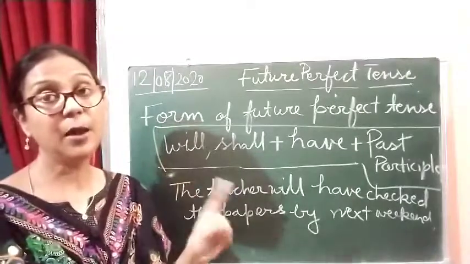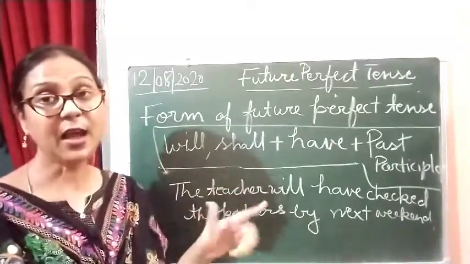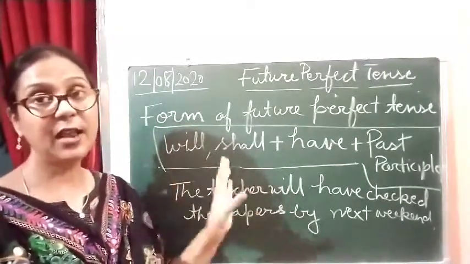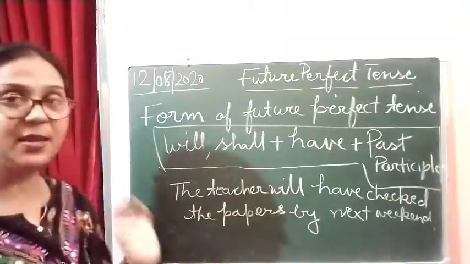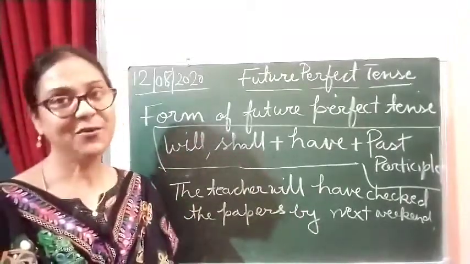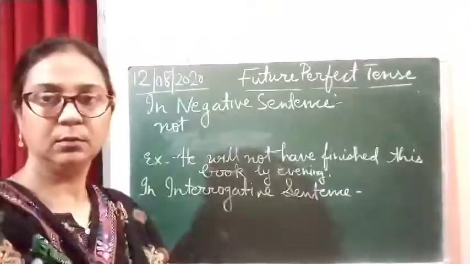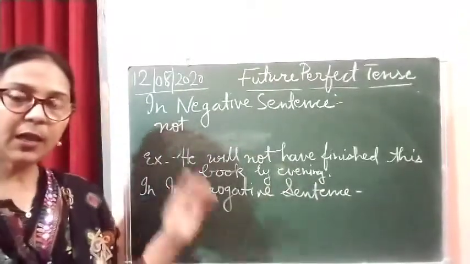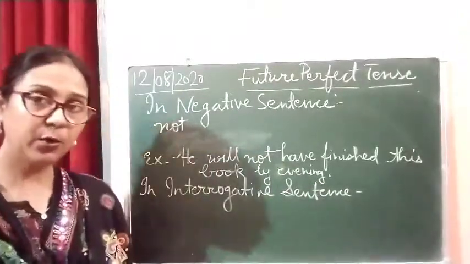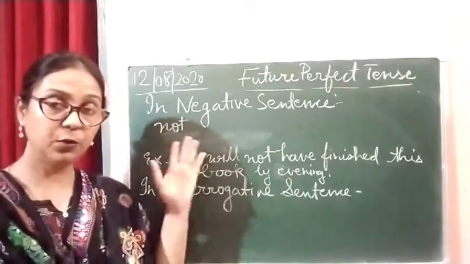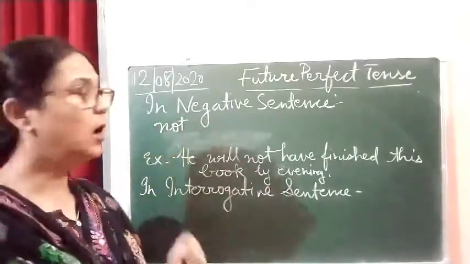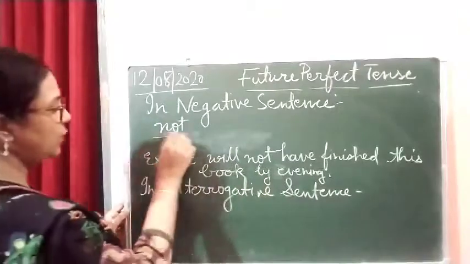If we are talking about interrogative, then we have to write will have or shall have at the first place. This we are going to learn today. Now, in the negative sentence in future perfect tense, we add only not.